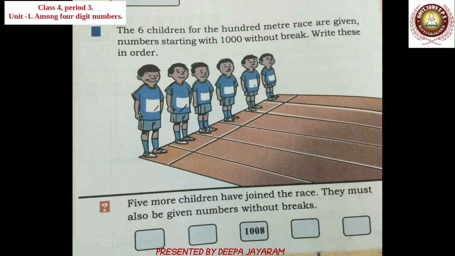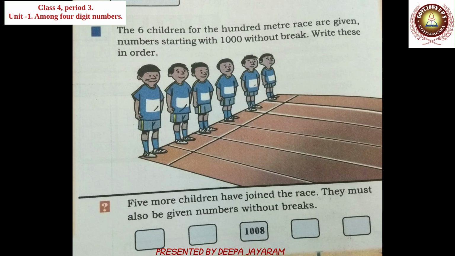The next number is the number of the second child, that is 1001. And the next number after 1001 is the number of the third child, that is 1002. The next number after 1002 is the fourth one's number, like that.